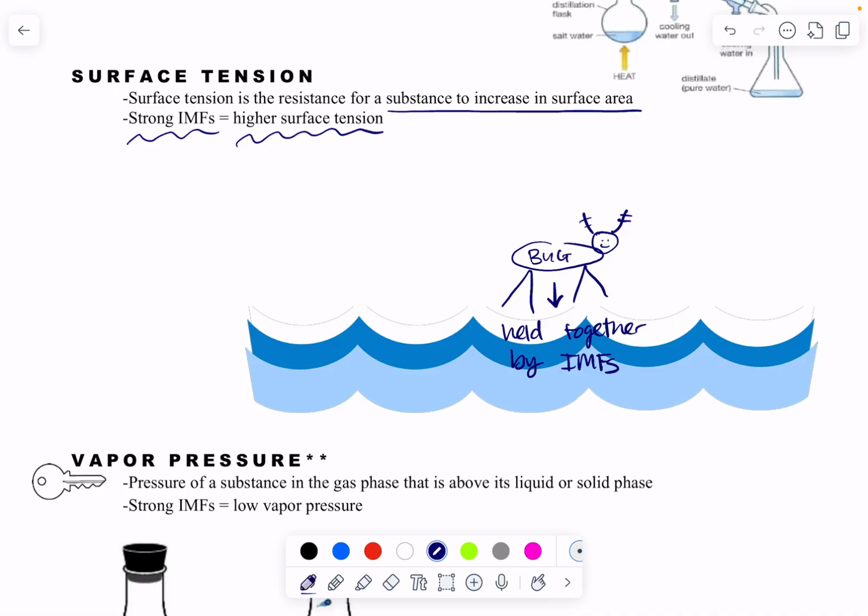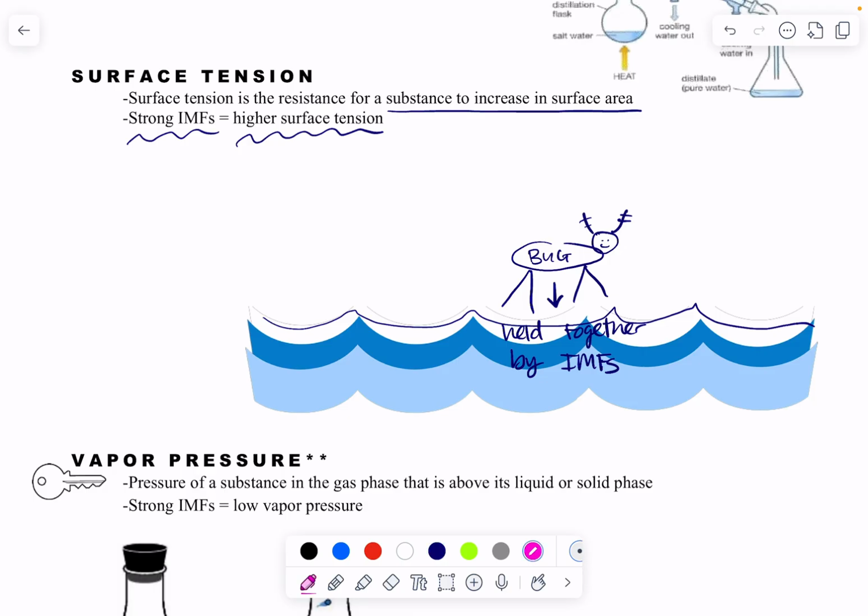And so, because this is such a strong intermolecular force, we see on the macroscopic world many small animals be able to walk on water because they must not be exerting enough force to actually break the intermolecular forces.